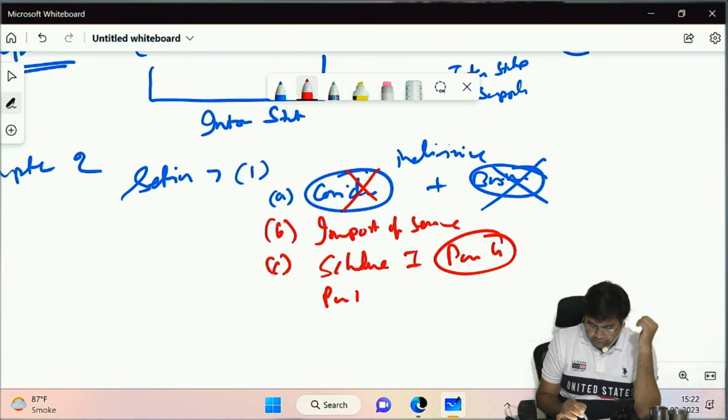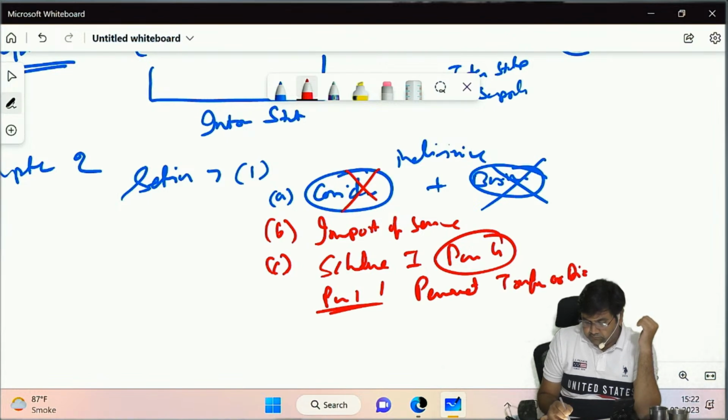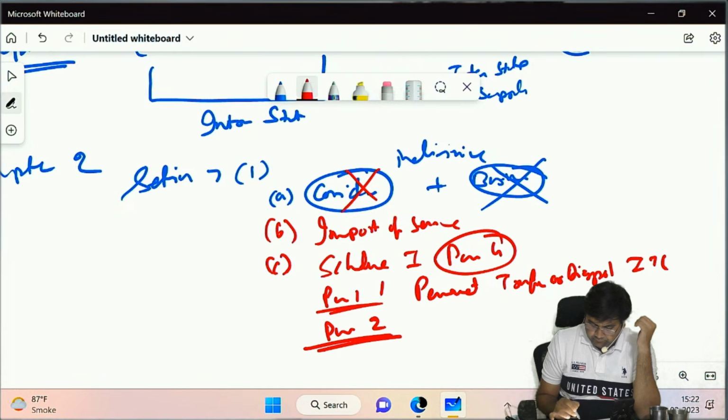Para 1: permanent transfer or disposal. Remember, if ITC is taken, then it is going to be supply. Para 2: related party, distinct person, supply. Okay, keep this in mind.